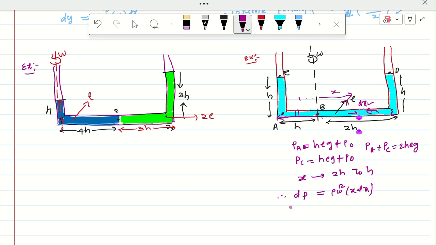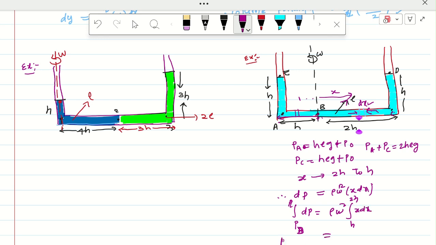After substituting, as already done in many problems, that is equal to integral from P1 to PC, that means PA to PC of dP. Limits have been taken as 2h to h. Therefore h means PA, 2h means C, right? So h means here PB, sorry, PB to PC. So that is equal to rho omega square integral from h to 2h of x dx.